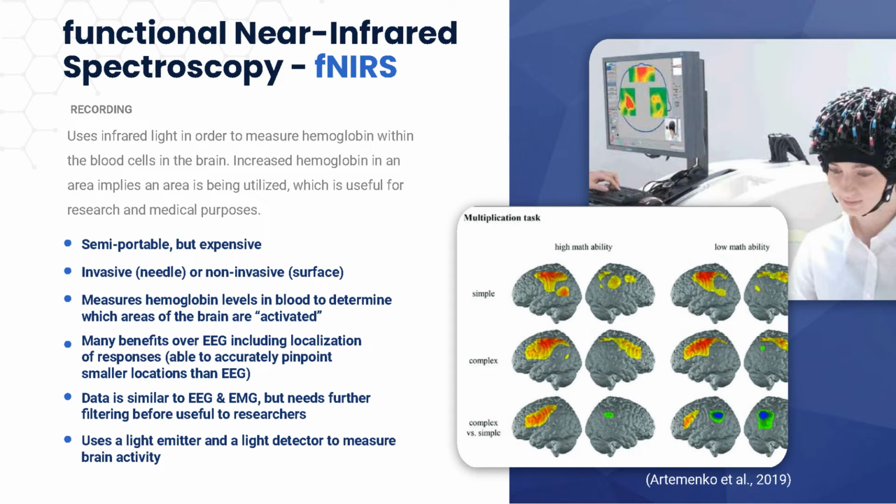And one more that I'll talk about that we see popping up more and more, getting cheaper and more usable by consumers, is functional near-infrared spectroscopy, or fNIRS. What this is doing is sensing changes in your hemodynamic response, which is blood flow within the brain.